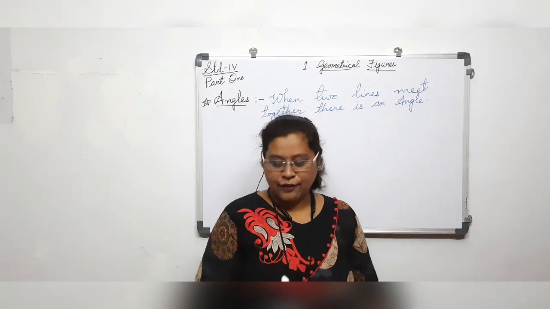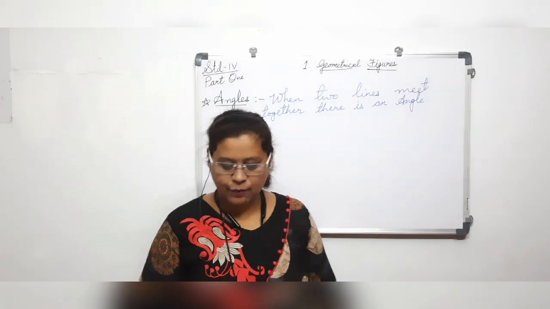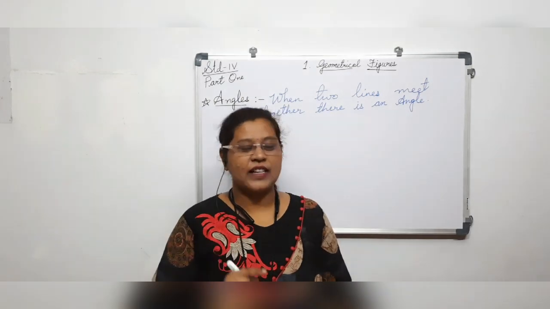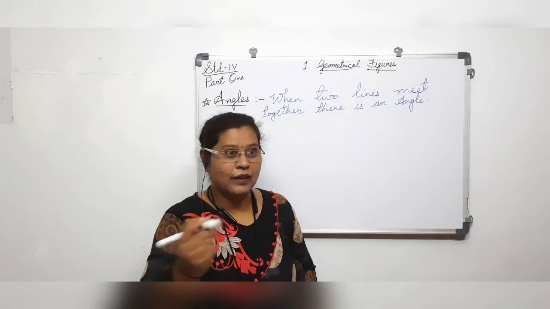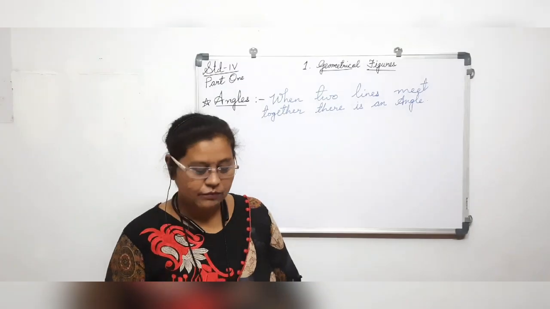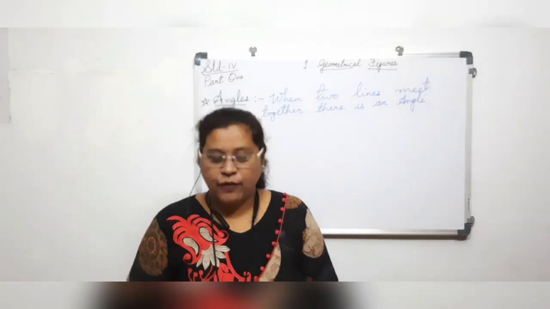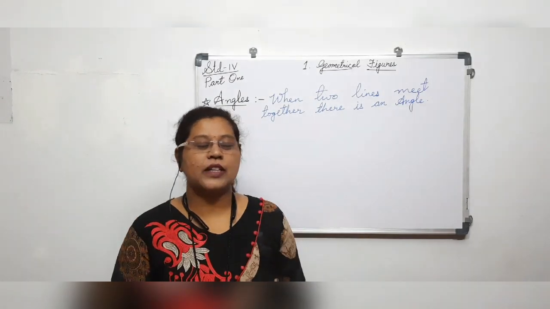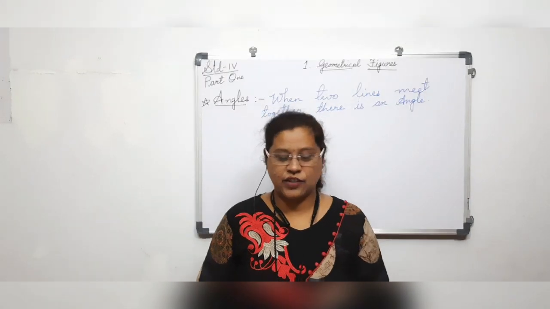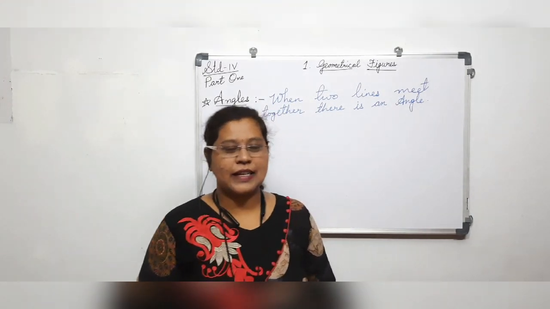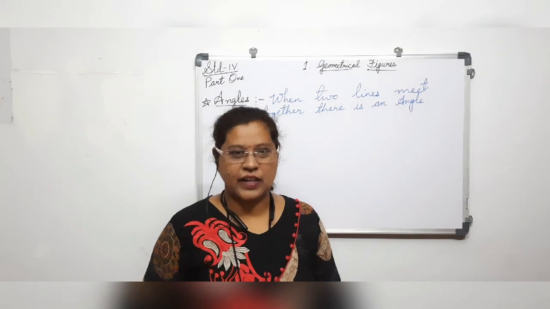So, standard 4th, Maharashtra State Board, Geometrical Figures, Chapter 1, we are going to learn today. My dear students, just before going to the standard 4th syllabus, I wanted to check your previous knowledge. In 3rd standard in the math subject, the first chapter was geometrical figures.